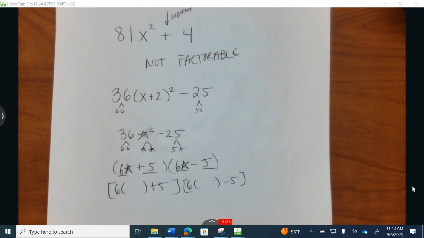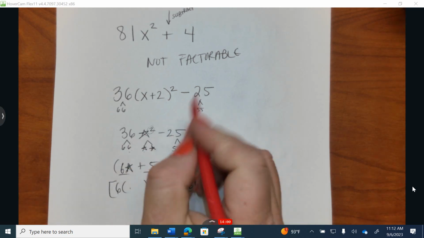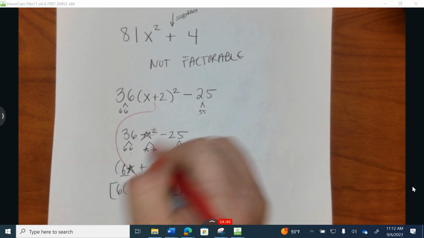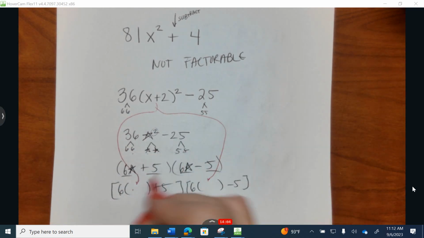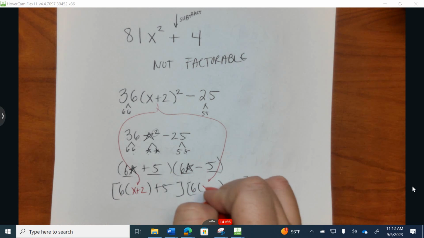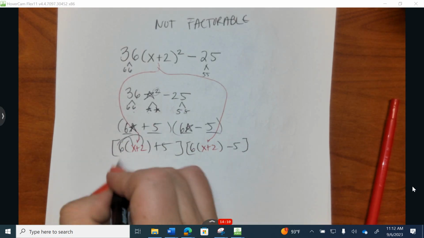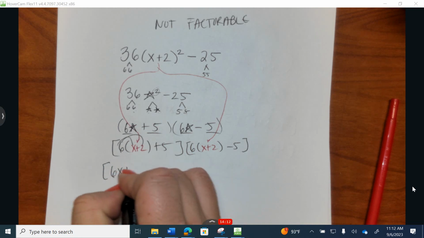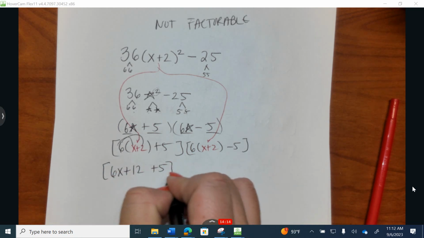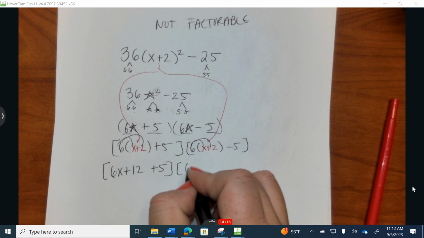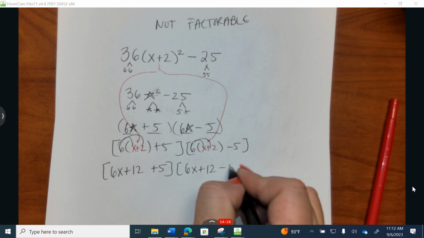So what we will do is we are going to go back here, and I'm going to replace the star with what star equals. This is what star equals. It's the quantity x plus 2. Now I'm going to distribute the 6, and I get 6x plus 12 plus 5. Distribute the 6, 6x plus 12 minus 5.